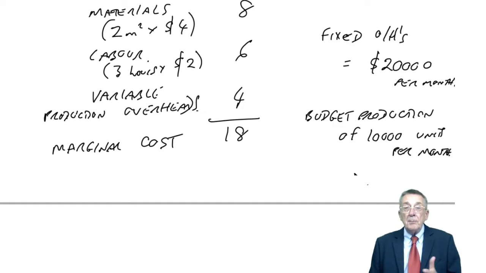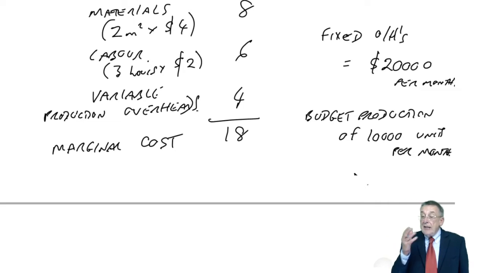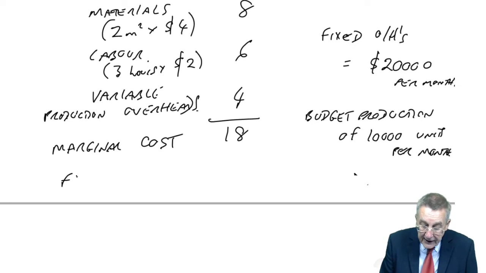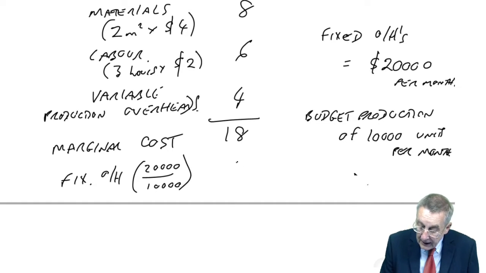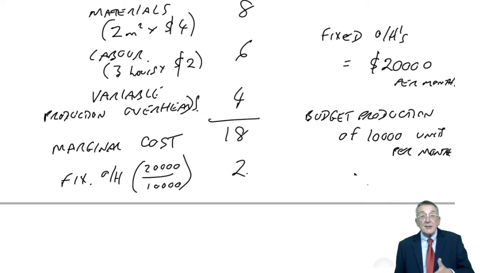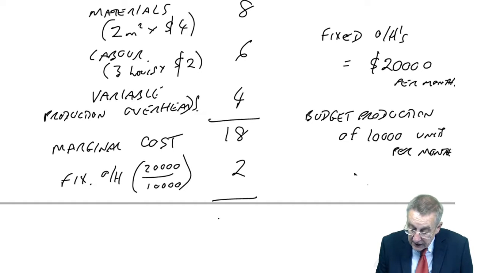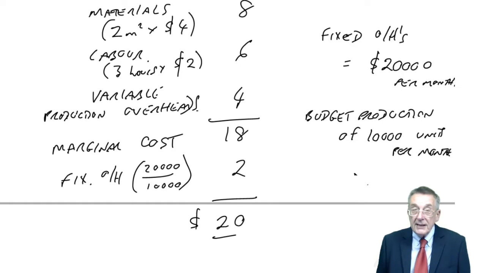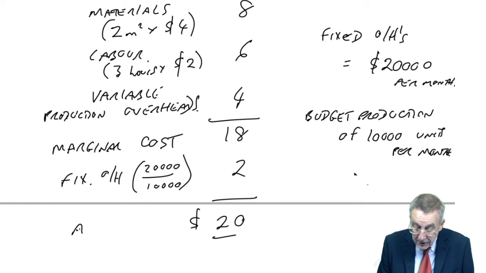Although we can discuss problems to do with this later, if I expect to spend $20,000 a month to produce 10,000 units a month, then no problem. I can say the fixed overheads per unit, 20,000 over 10,000, is $2. That is absorbing, charging $2 a unit. And that would give me a full production cost per unit of 20, or the absorption cost.